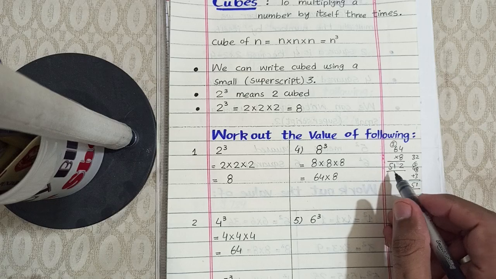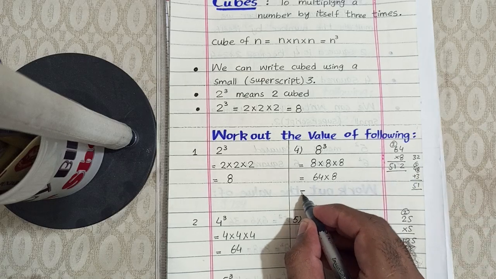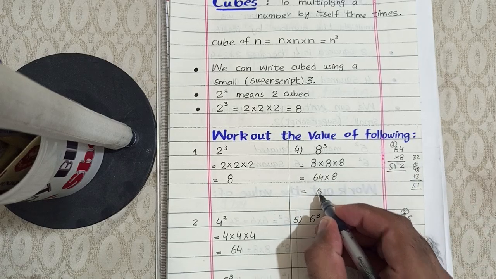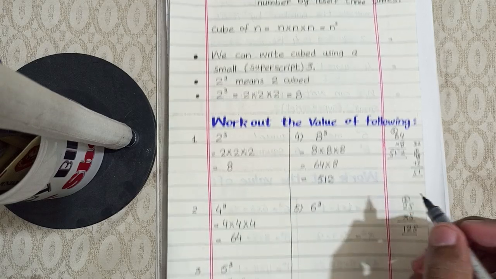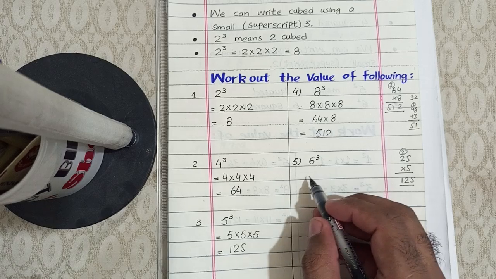So our final answer is 512. So the cube of 8 is equal to 512. Now we find the cube of 6.